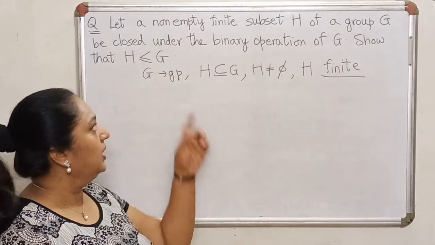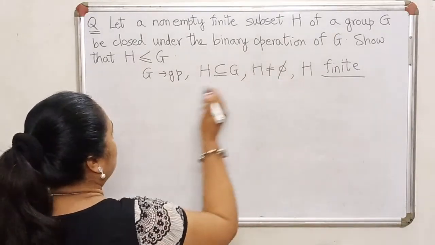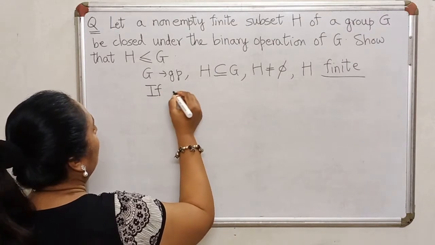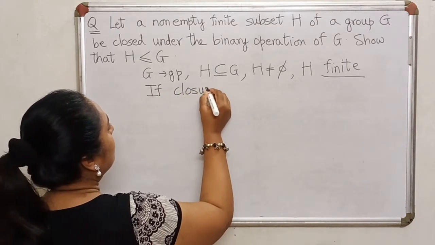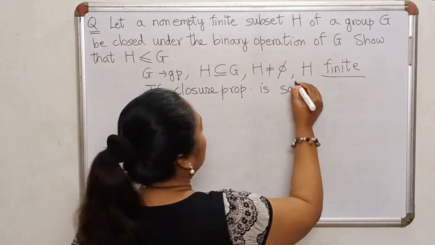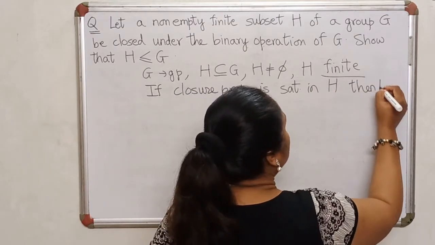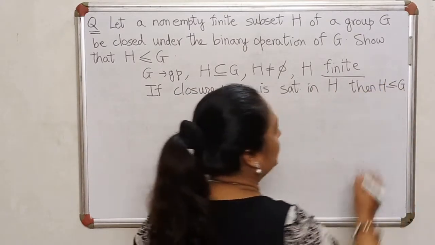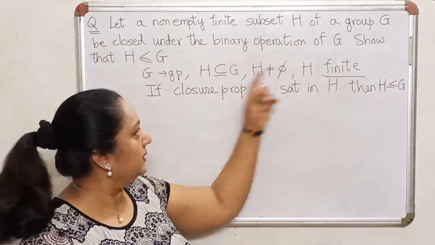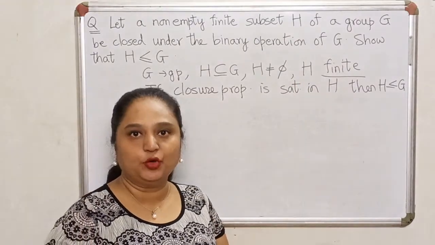So given a group G, if I have a subset which satisfies these conditions, then if closure property is satisfied in H, then H is a subgroup of G. So we proved that if the subset is finite, then closure property is enough for it to become a subgroup.